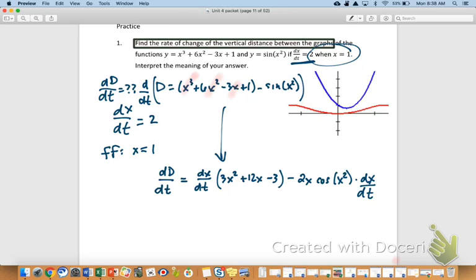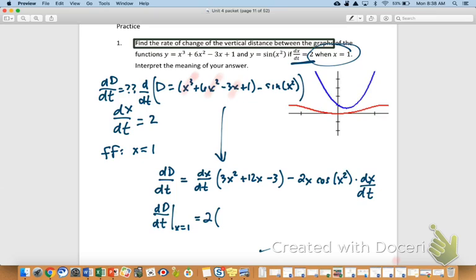All right, so I'm really hoping now that we have this DDT, we've pushed play, we're going. I'm hoping that you can see how I think everything is going to drop right into place, isn't it? You plug in a 1, you already know dx dt is 2, and I think we can arrive pretty easily, with our calculators at least, at a nice answer by plugging in.